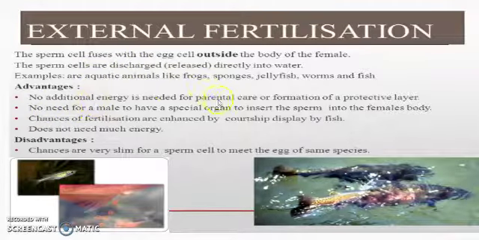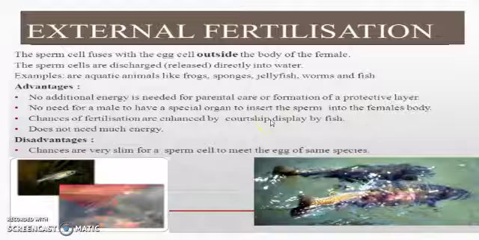For that, they do not need parental care, and they do not need to form a protective layer around the egg, and they do not require any organ for the insertion of gametes into the female body, and the chances of fertilization are enhanced by their courtship behavior.